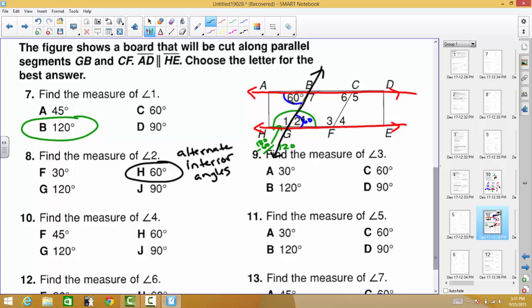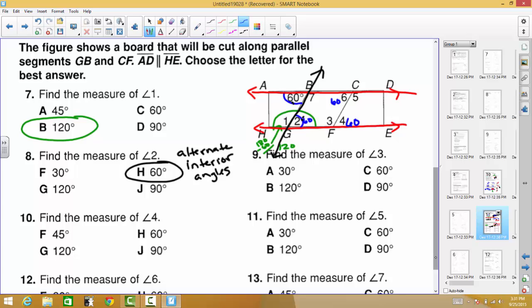Okay, next up it says find the measure of angle A. 4. So, if we were to just kind of continue and write all of these answers, so 2 would have to be the same as 6, and 6 would have to be the same as 4.